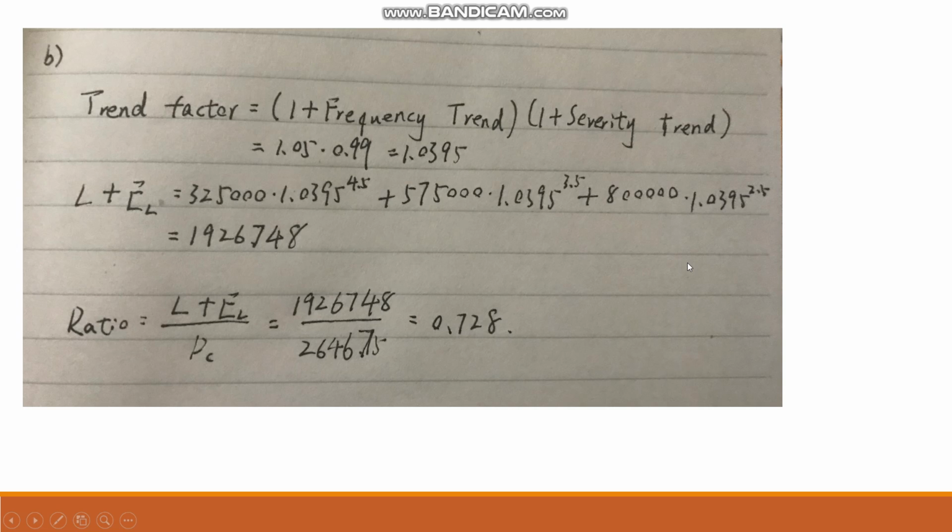After this, we can calculate the ratio, which is 0.728.